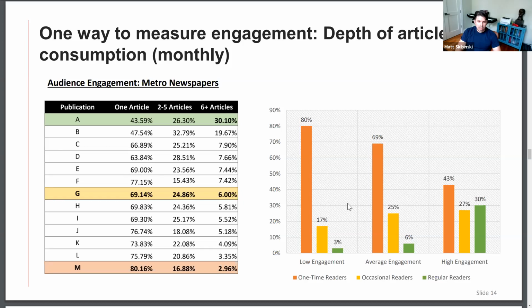So rather than looking at page views for a piece of content, just to jump ahead a little bit, I'll talk about some ways to measure this, but you're now thinking about content that appeals to people who are coming back to your site over and over again. And how much does your content resonate with those people in that third category of really engaged 6+ articles a month? And that might change the way you view which content is most valuable.